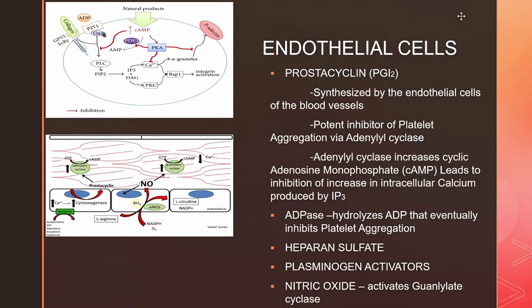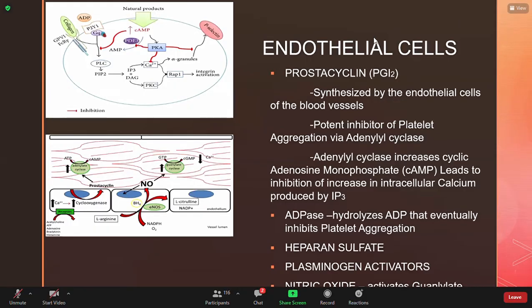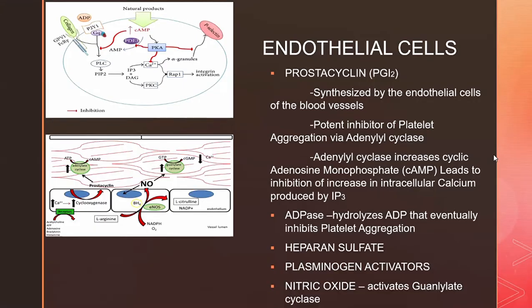Heparan sulfate, natural anticoagulant. Plasminogen activators, yan yung mga tawag niyan, nagdi-dissolve ng fibrin clot mo. And your nitric oxide, it activates your guanylate cyclase. It decreases your calcium as well. Ito siya.